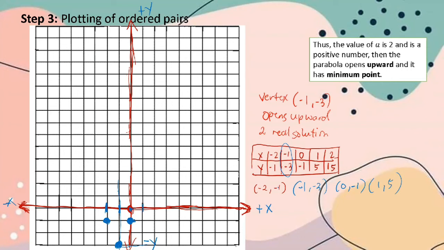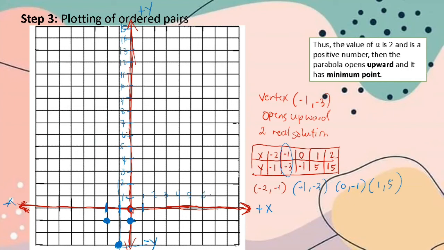So, this is, for example, positive 1, positive 2, 3, 4, 5, 6, 7, 8, 9, 10, 11, 12, 13, 14, and 15. Ayan. Then this one is positive 1, positive 2, 3, 4, 5, 6, 7, and so on.